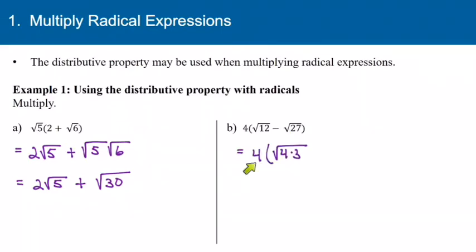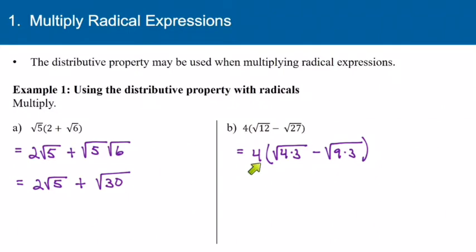So we'll have 4 times the square root of 4 times 3 minus the square root of 9 times 3. Now we will use the product rule for radicals to simplify this, but we are not going to write the step where we have the 4 under a radical and the 3 under a different radical. We're just going to go ahead and simplify.